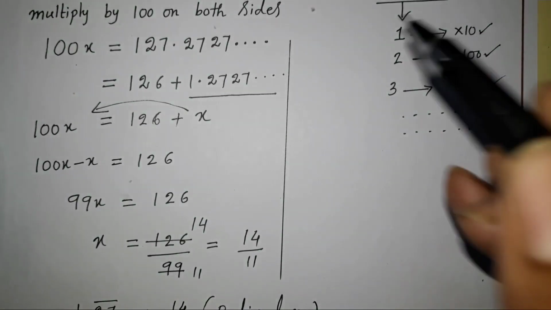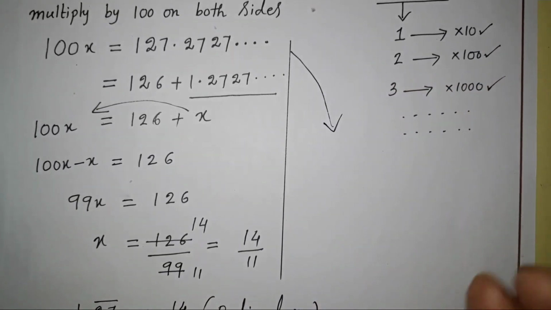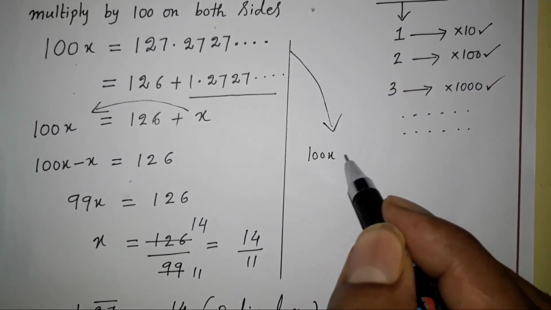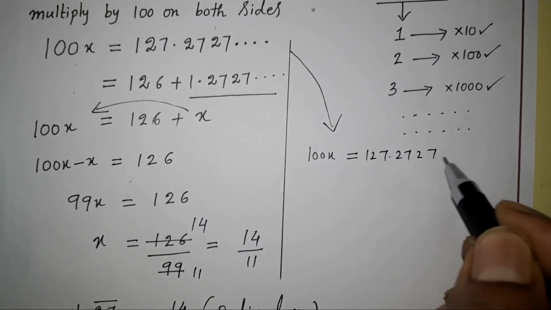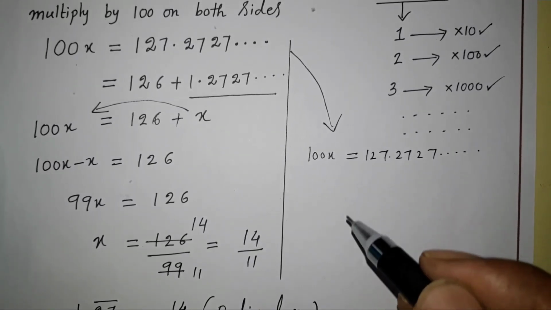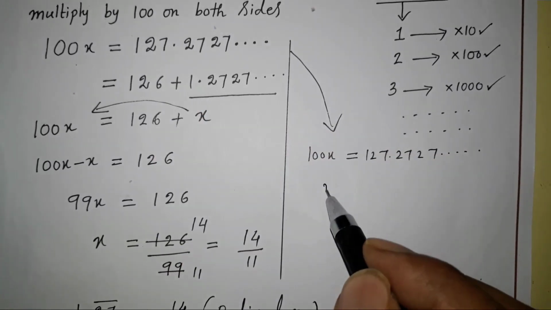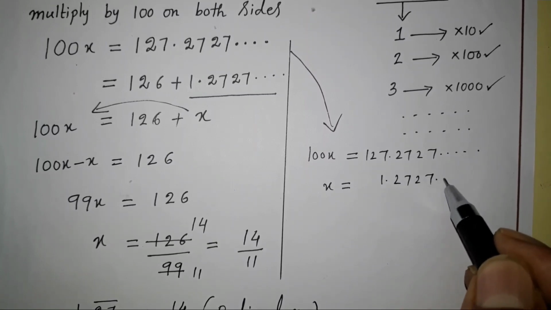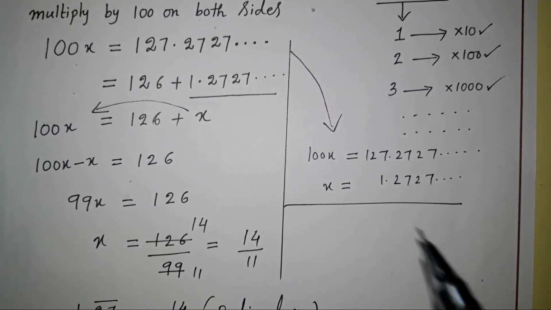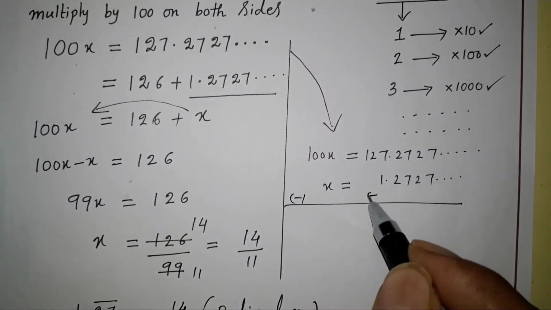Children, you also can do it like this. Take this 100x, that is equal to 127.2727, etc. Down you write the value of x, that is equal to 1.2727, etc. Then you subtract on both sides.